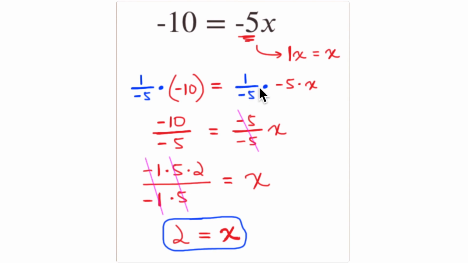Now I actually like looking at this up here as a negative 1/5 of negative 5. Rather than saying 1 over negative 5, I like looking at it as the fraction. I have 5 things here, so I want 1/5 of those 5 things, and it's a negative 1/5 of that negative 5. So I like saying this as a negative 1/5 of negative 5, even though it's easier to see by writing it and saying it as 1 over negative 5.